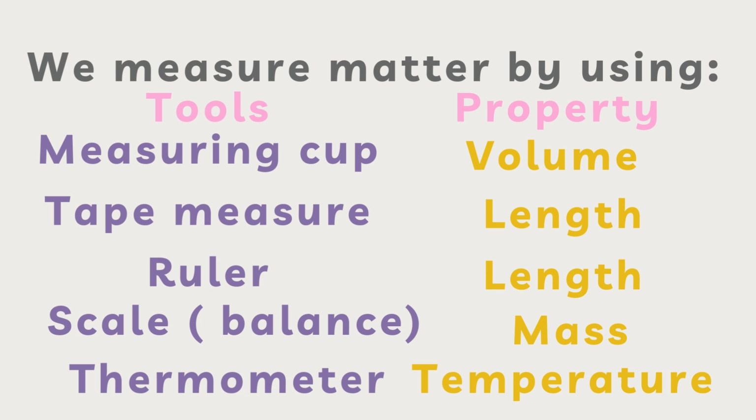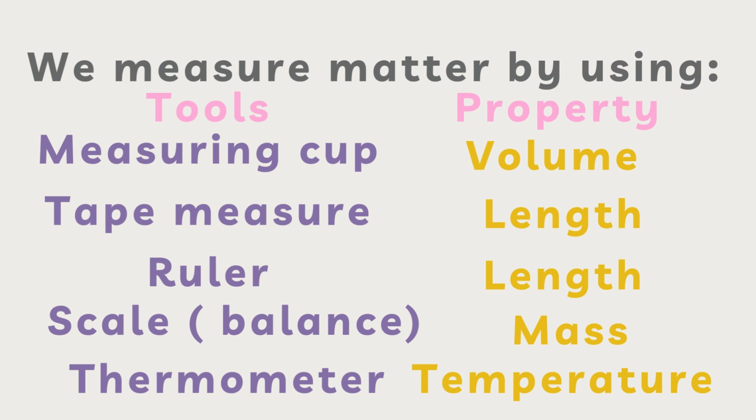So this is a tool that we use to measure the property length. Okay, also a ruler, this is a tool for the property length. So we can measure the property which is length of the matter by using a ruler or tape measure. Also, we have a scale or balance, and this tool is for the property which is mass. We can measure the mass of the matter by using the scale or balance.